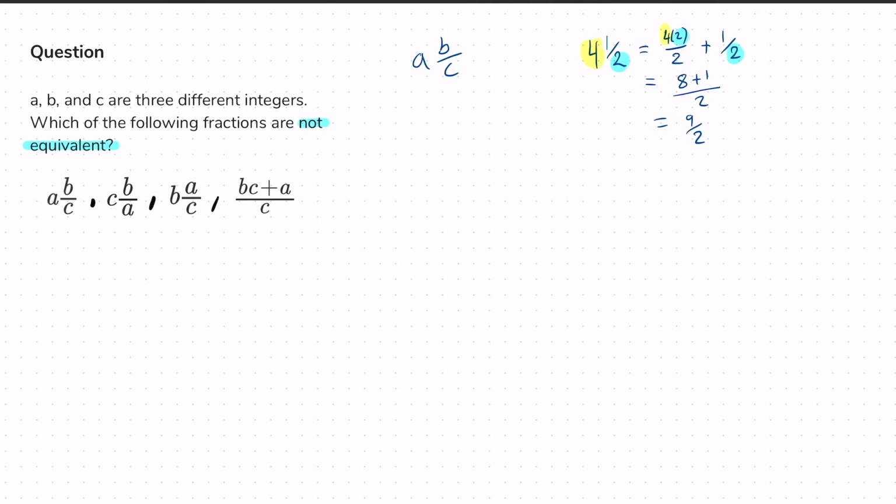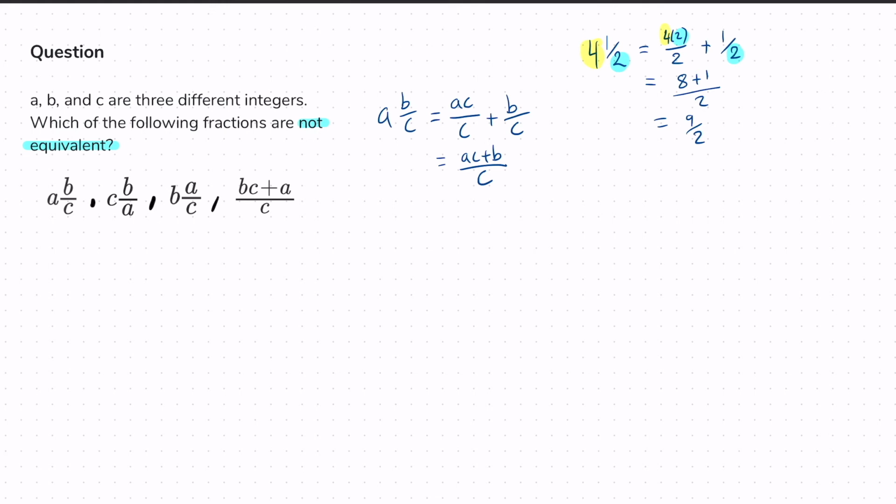So let's use the ones that we have at our disposal. So the first one, A, B over C, well that's going to equal C lots of A, we write it like that because A comes before C in the alphabet, over C. So this is how many of the fraction that we have, plus B over C, so AC plus B over C. So that's our first mixed number as an improper fraction.